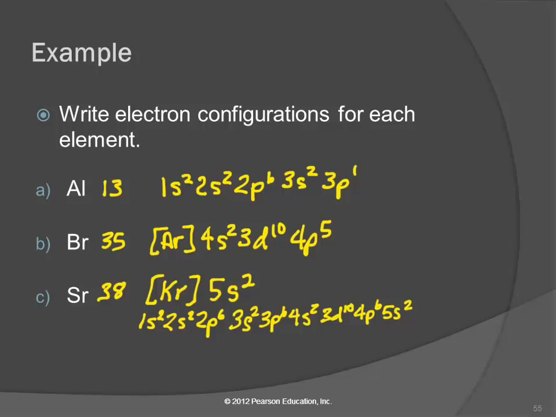And you can check that by adding up all the superscripts. Strontium has 38 electrons. The superscripts should add up to 38. Any other questions?